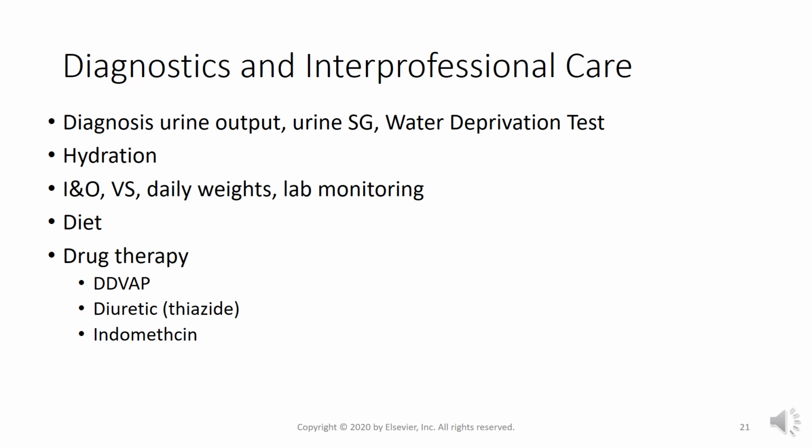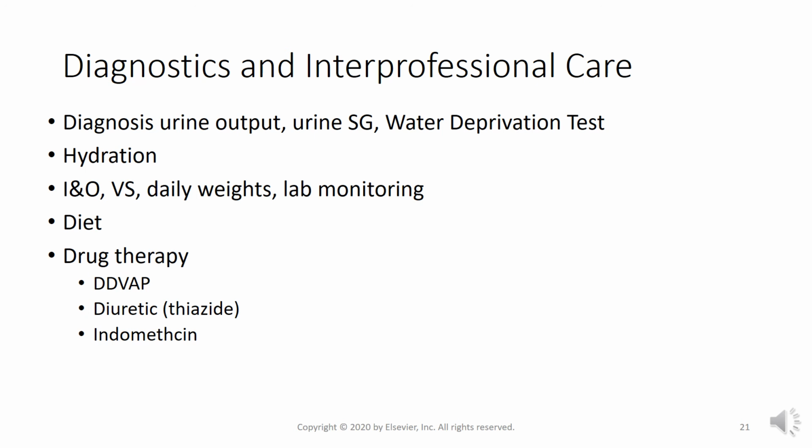So treatment would be immediate hydration, like a D5W, strict I&O, frequent vital signs, daily weights first thing in the morning, same scale, same time, and really closely monitoring those electrolytes. You would want to decrease sodium in the diet, and then depending on the cause, that's how the drug therapy changes.